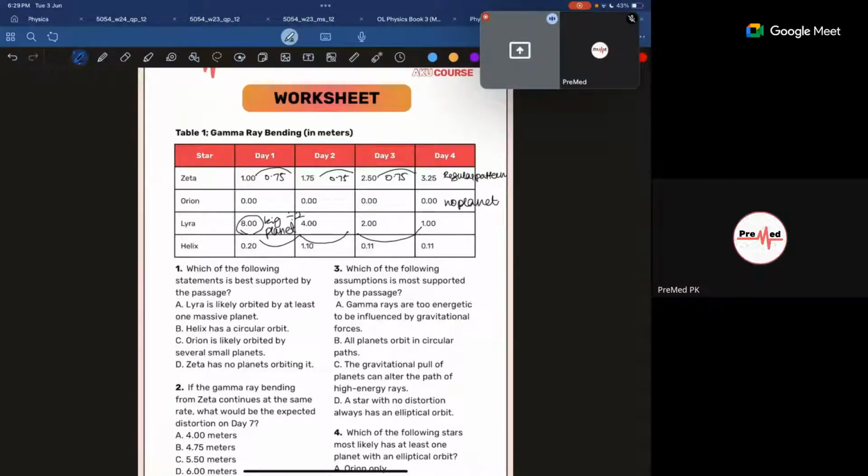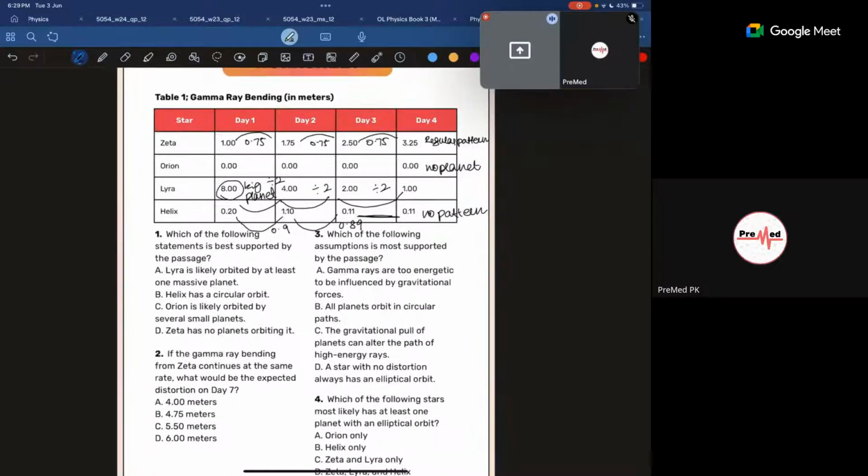Day 3 is 2 meters, and then we can see 1 meter on day 4, which is again divided by 2. Whereas for Helix, on day 1 it is 0.2 meters, and then it increases by 0.9 meters to form 1.1, and then it decreases again by 0.89 meters to 0.11, and then it stays constant. So over here we can see there is no regular pattern, no pattern at all.